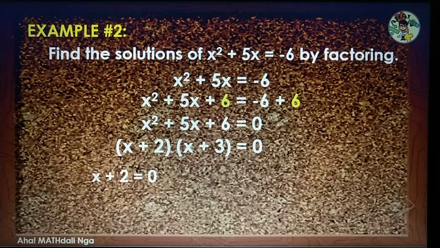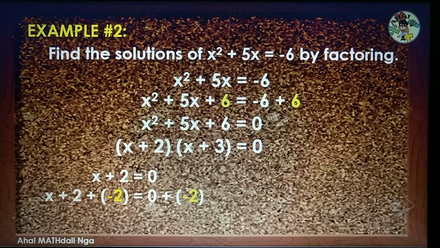And then we will find the value of the variable x. So we will eliminate positive 2 on the left side of the equation. To do that, we need to add negative 2 to both sides of the equation. So we have x plus 2 plus negative 2 is equal to 0 plus negative 2.